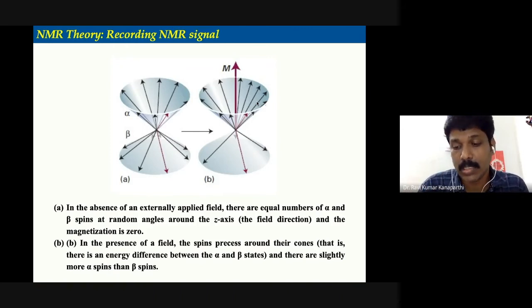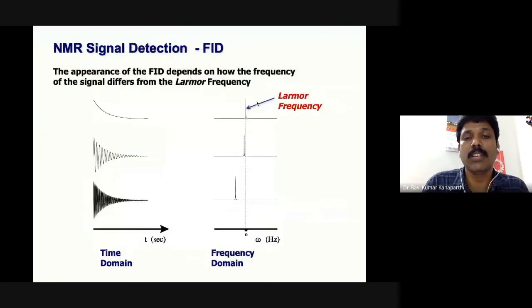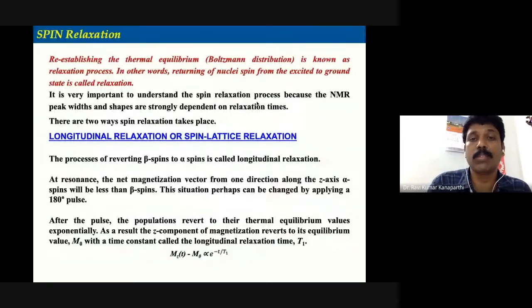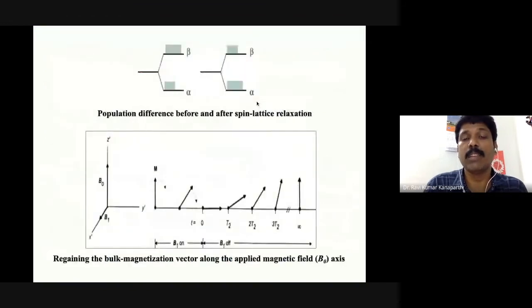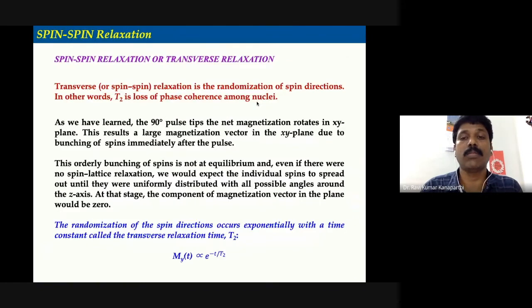That is what relates to the spin relaxation, and that is what I am referring to as randomization. Randomization is the actual equilibrium scenario. Before applying the radio frequency, the individual spins point in different directions on a cone, along the z-axis or the applied magnetic field.